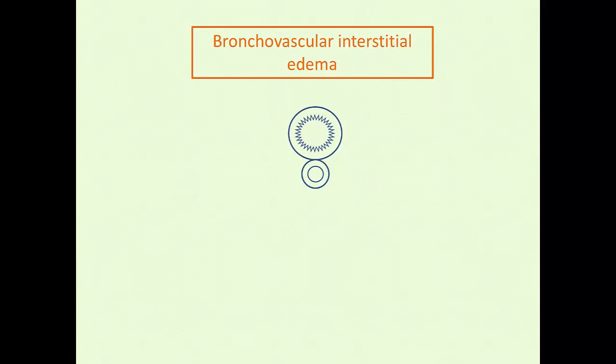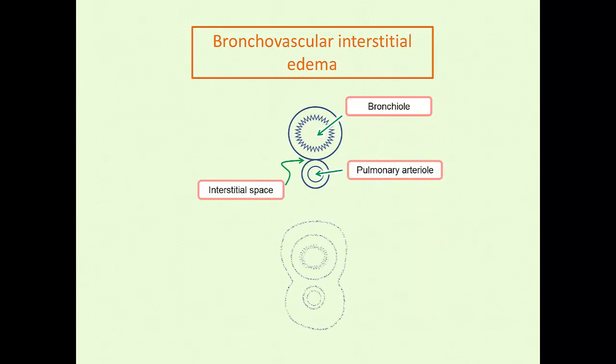And then how does it increase airways resistance? Well, if this is a cartoon of your bronchovascular bundle in the lung, and this is the bronchus and this is a pulmonary artery, there's a potential interstitial space between them. When you get increased lung water, the initial response is to drain the excess water from around the alveoli up through the alveolar interstitium and then through the bronchovascular bundle via the lymphatics.